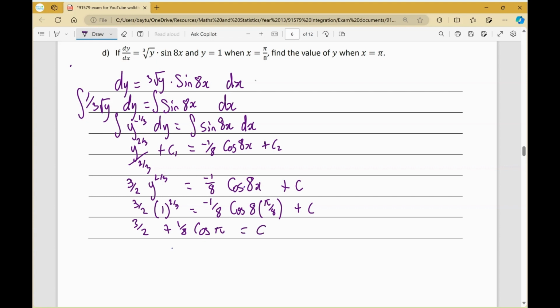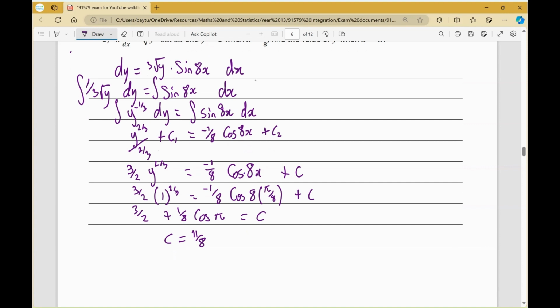That equals c, and c comes out at 11 over 8. Meaning that our equation is 3 over 2 y to the power of 2 over 3 equals negative 1 over 8 cos 8x plus 11 over 8.